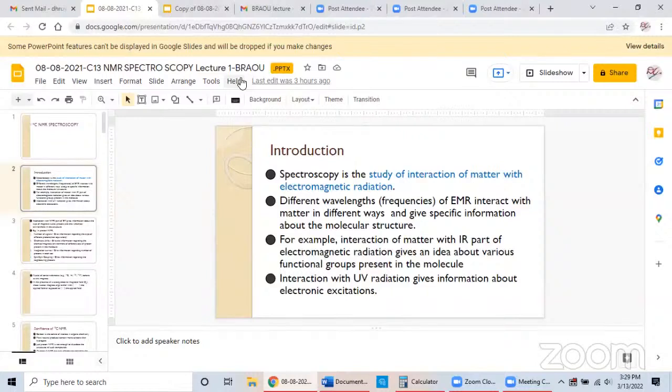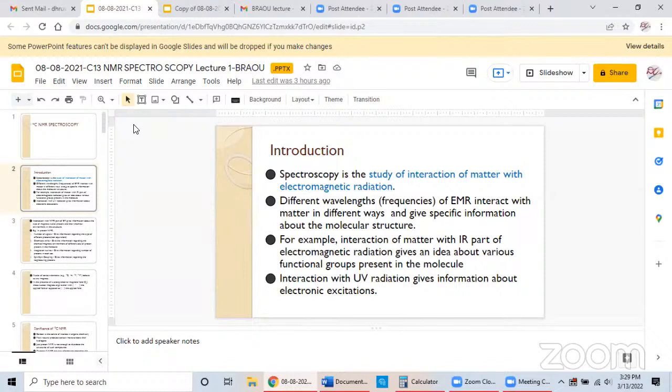So I come back to the principle. Nuclear magnetic resonance spectroscopy is basically associated with the nuclei of certain elements which form the basis of all organic structures, like carbon, hydrogen, fluorine, and P31, phosphorus.